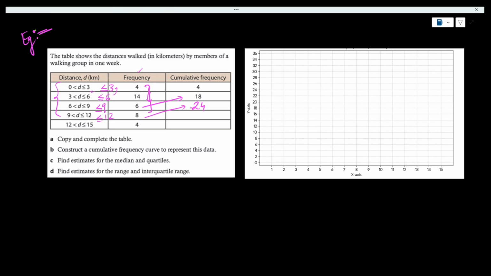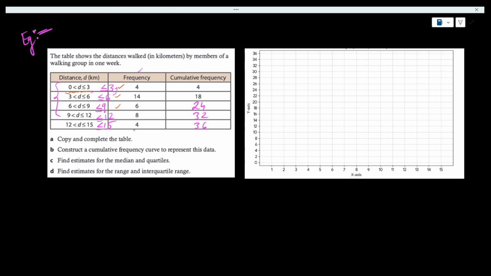So you can add here 24 plus 8, it is going to be 32, and here 32 plus 4, so 36 members are walking here. Everyone is walking less than or equal to 15 kilometers. So this is called cumulative frequency, where you are adding the frequency because you are taking only the upper bound. Here we are taking the upper and lower bound both. But whenever we are making cumulative frequency, we are considering only the upper bound.